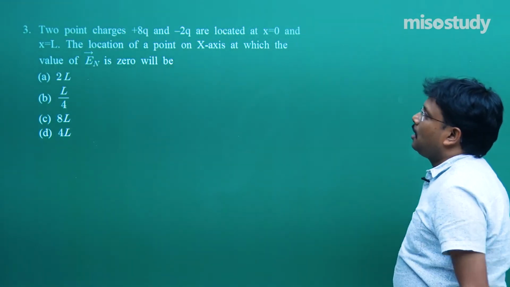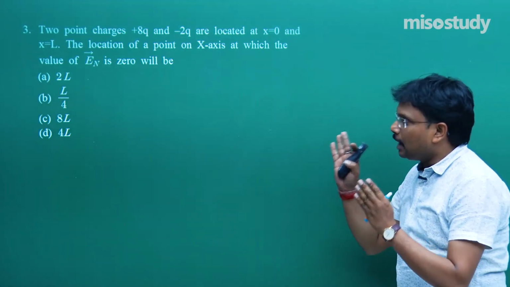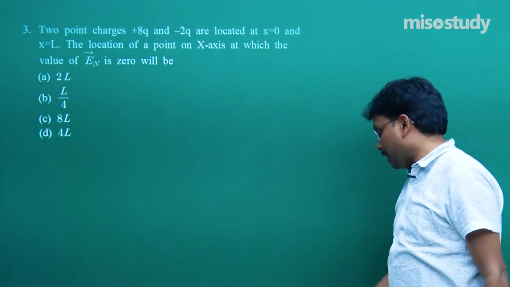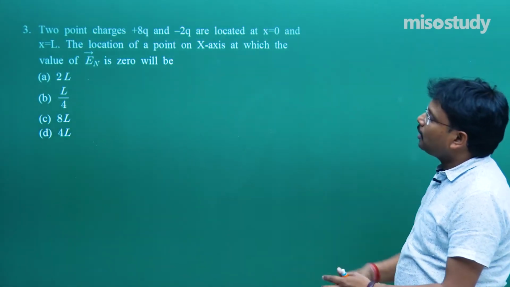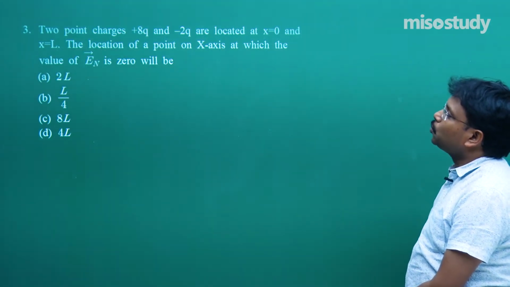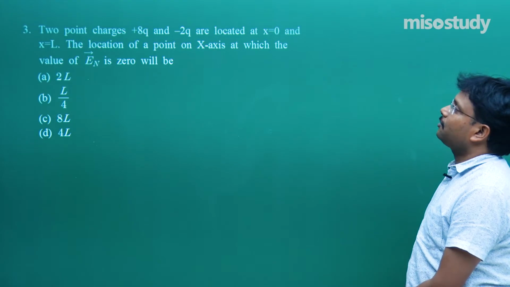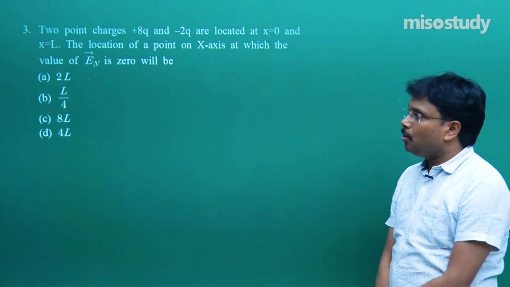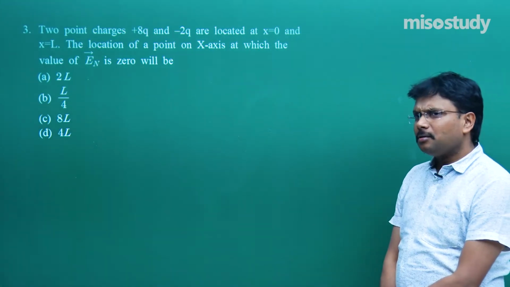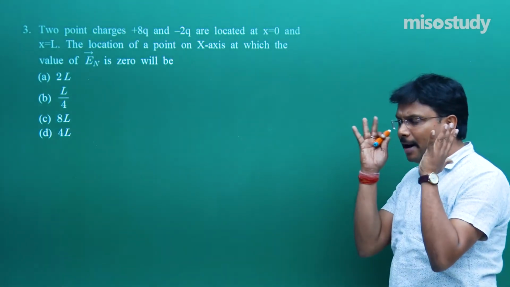Fine. And diagram on rough sheet is important. So here 2 point charges plus 8q and minus 2q are located at x is equal to 0 and x is equal to L. So I hope the diagram is clear in the mind itself.